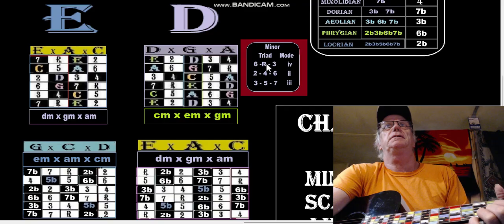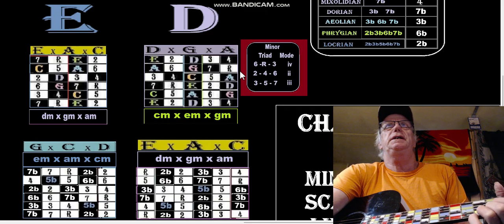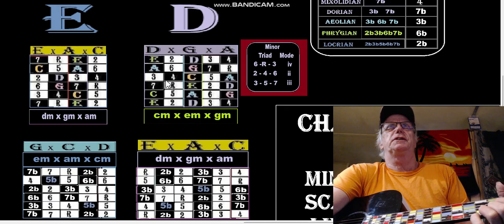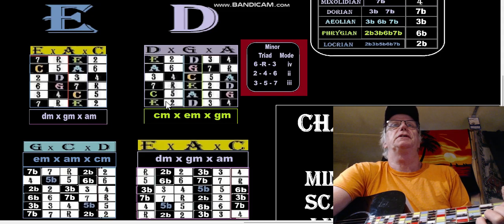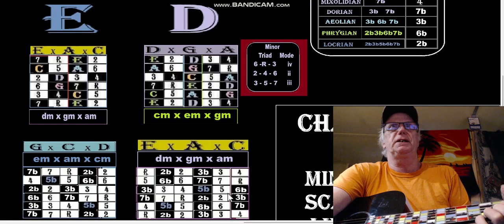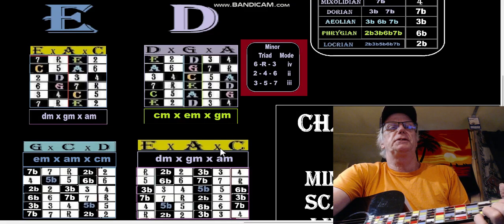It's going to be second inversion, so it's going to be 3, 6 root right there. There's our C minor shape. That's the first one, 3, 6 root. We can't even get that on this diagram, so you can see there's a problem there, but we're going to get it in the minor system.